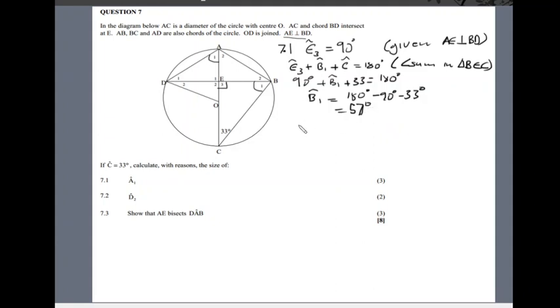And then I said A1 and B1 are equal because those are angles in the same segment. So I'll say A1 is equals to B1 is equals to 57 degrees, right? Angles in the same segment, right?